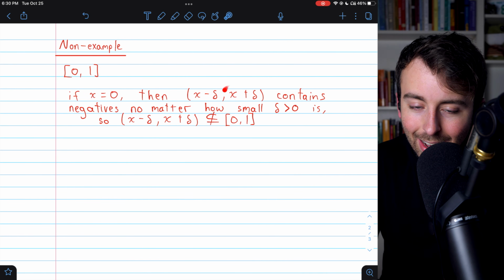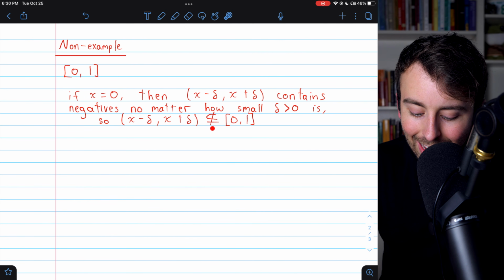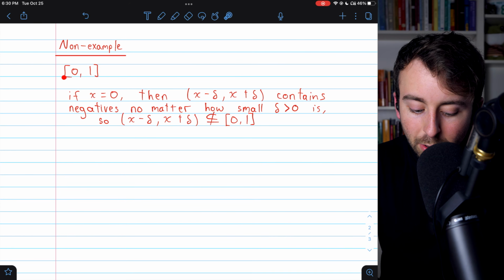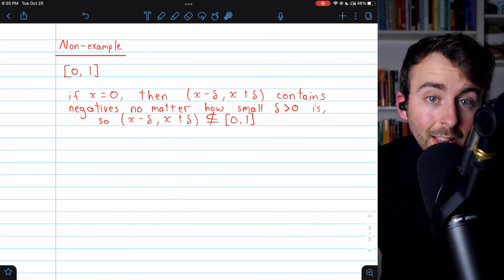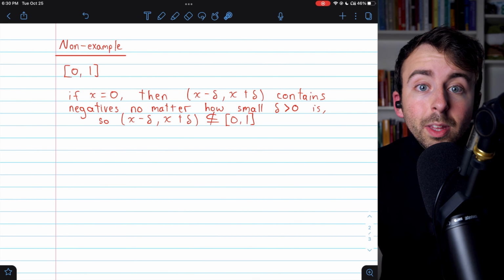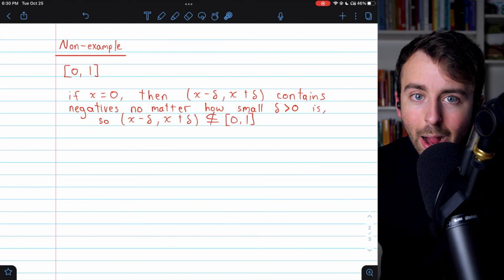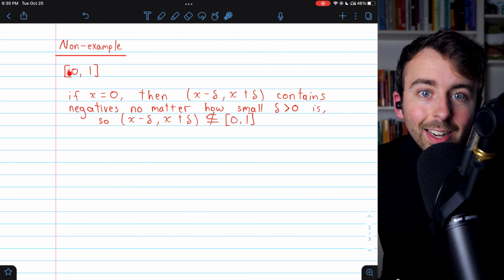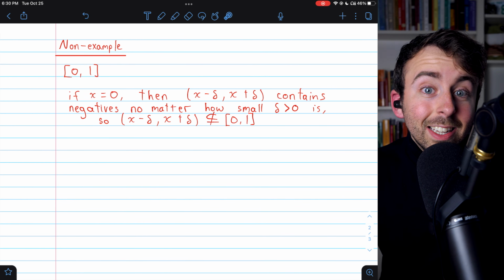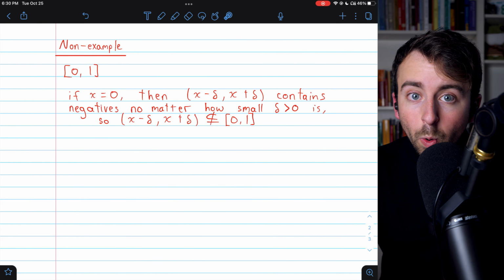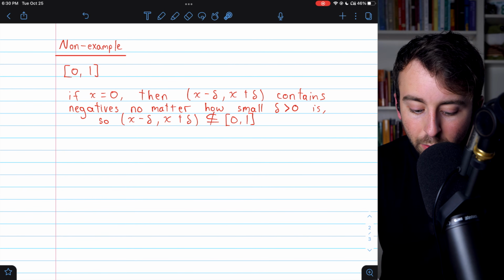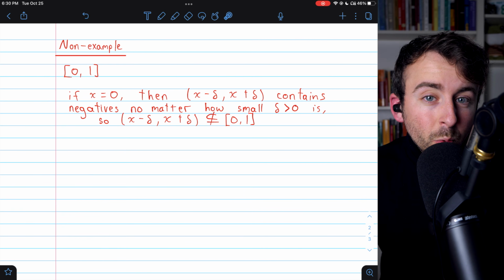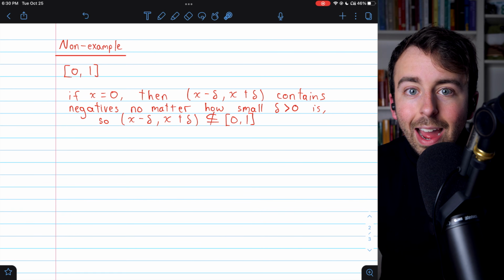Since this will contain negatives, it certainly can't be a subset of our closed interval, because this closed interval doesn't have any negatives. Thus, since it's possible to provide a number x around which no neighborhood is entirely contained in the interval, that means it is not open. Of course, we could make a similar argument for x equals 1. But for this to not be open, we just need one point where we have this problem.